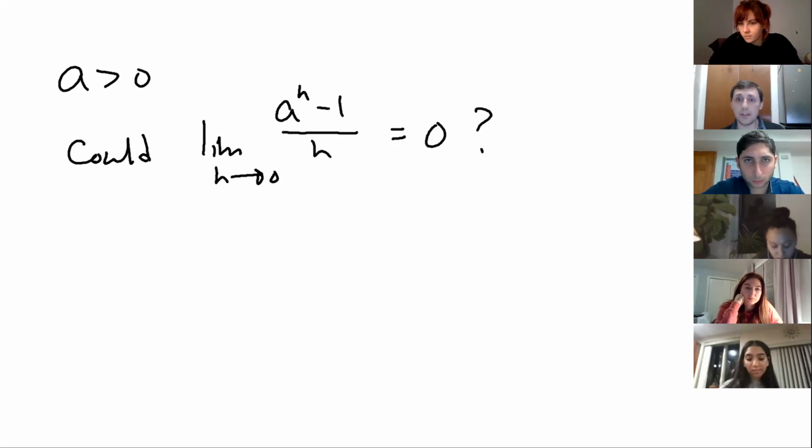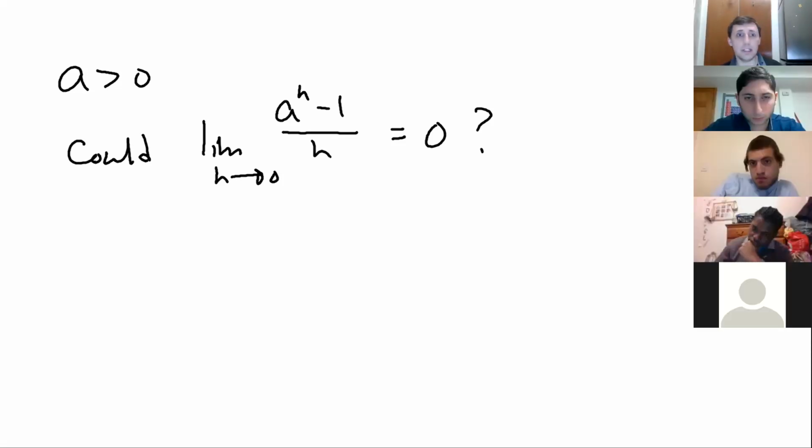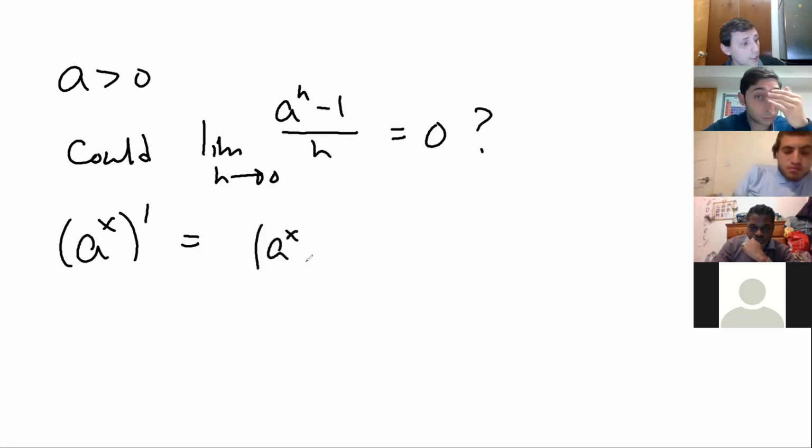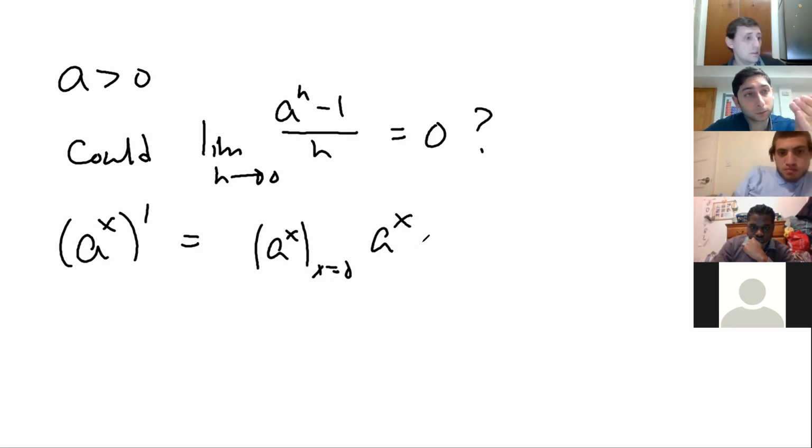Well, the answer is obvious, guys. What's the derivative of a to the x? Look at it. The derivative of a to the x is the derivative of a to the x at x equals 0 times a to the x. You agree?